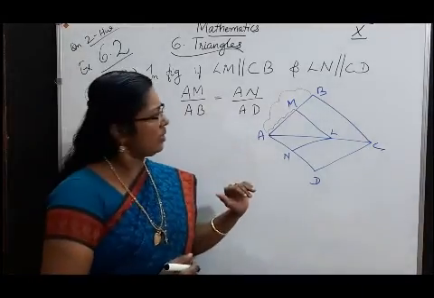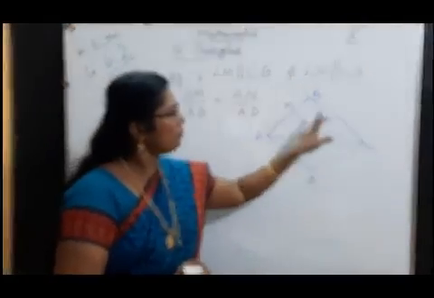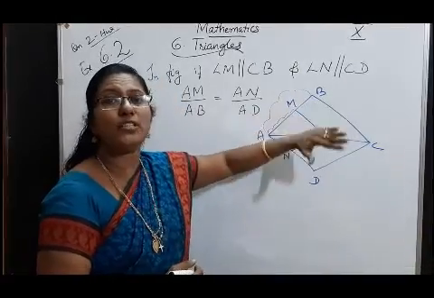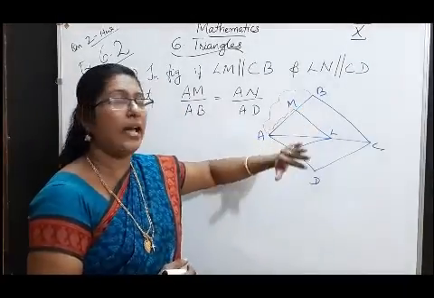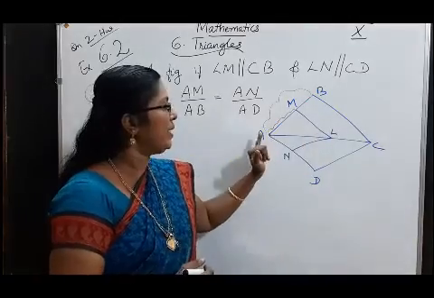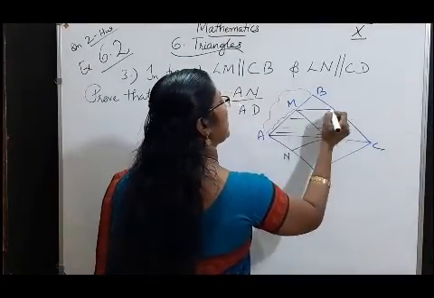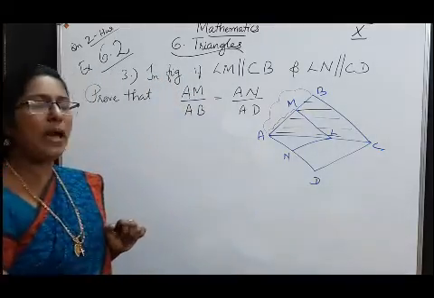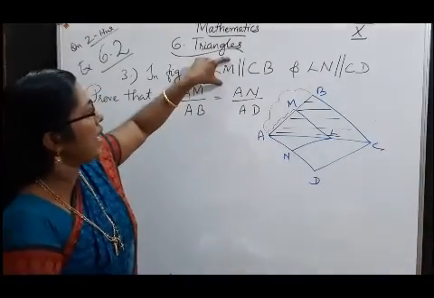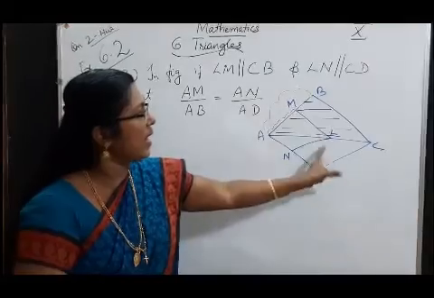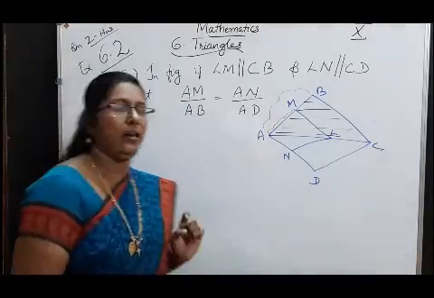Look at the figure. We can consider the two triangles ABC and ADC. The upper part is ABC, where LM is parallel to CB.